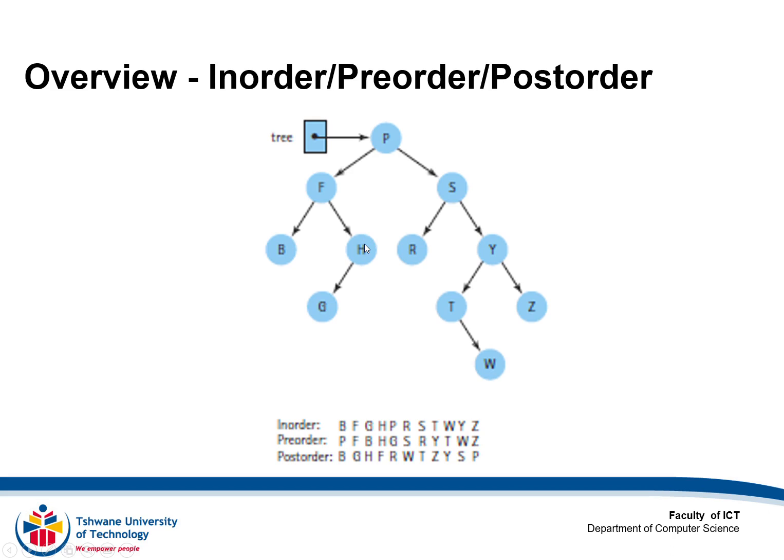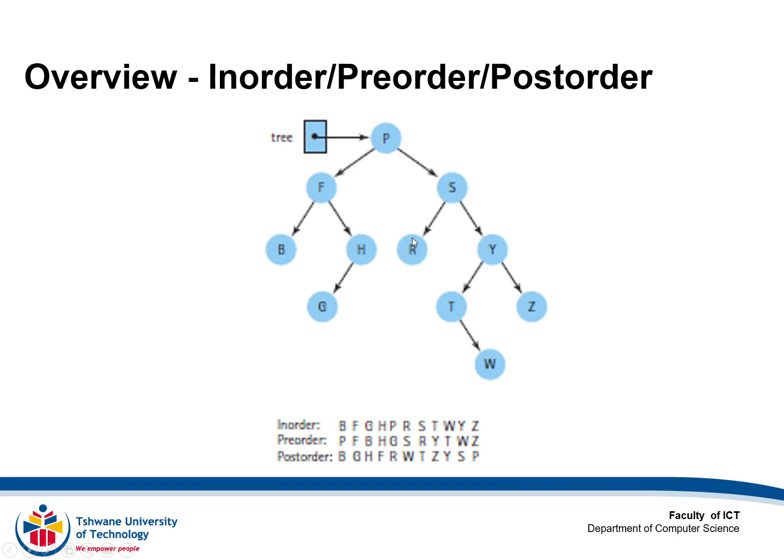Okay? From there, we can exhaust this by going to F. Then we've exhausted the left subtree. From there, we have to go to the left of this other subtree, which is R. From R, because it has to be left, right, root, we cannot take S as yet. Now, we have to go to the right.